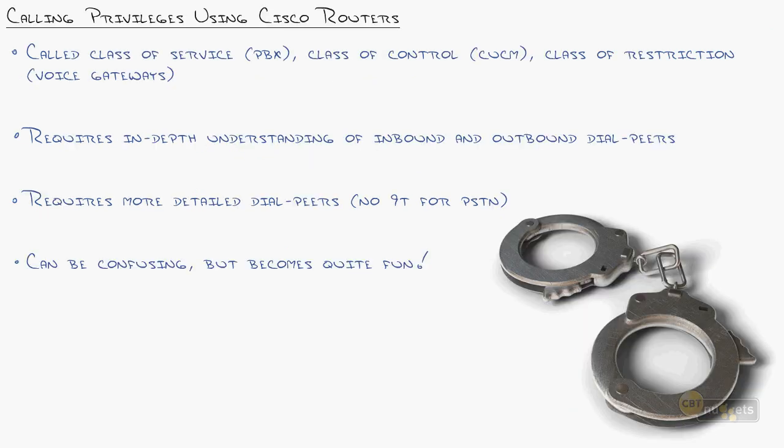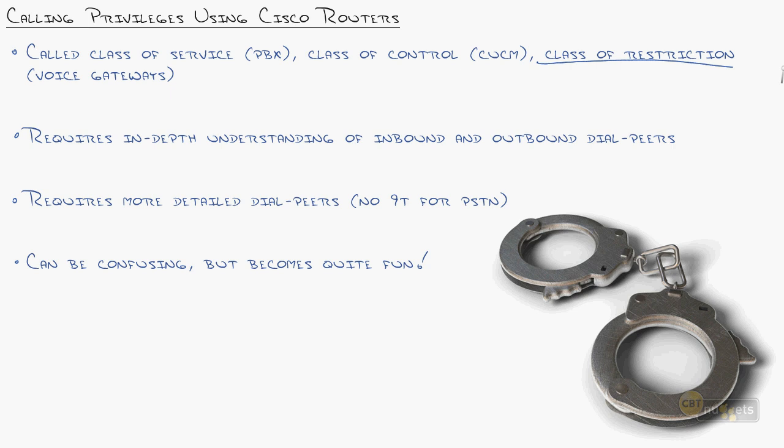Now this feature goes by many names, and I want to throw them all out there so you're not confused if somebody uses a different term. Class of restriction, what we're talking about here, is Cisco's way of implementing calling restrictions on their voice gateways. Now, their voice gateways could be used, for instance, for SRST, Survivable Remote Site Telephony, supporting a site's phone system if the call manager or CUCM server goes down.